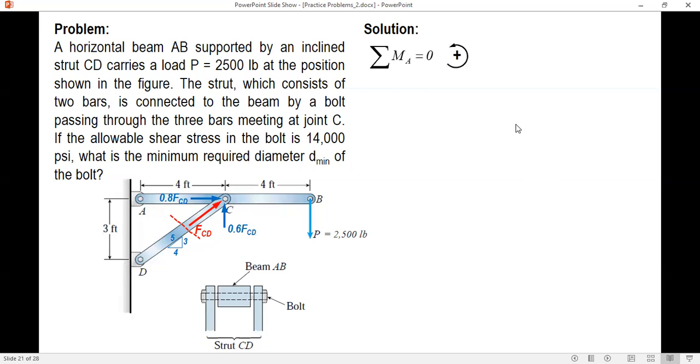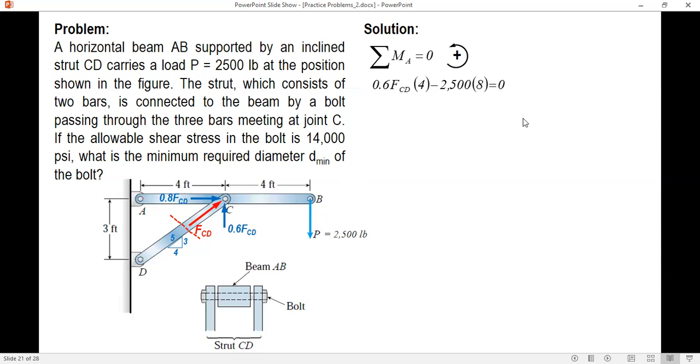Okay, so let's sum up moment about A. And 0.8 FCD has no moment since the line of action of this force passes through A. So we only have two forces, this one and P. So this is the equation: 0.6 FCD times distance, positive counterclockwise, minus P times 8.